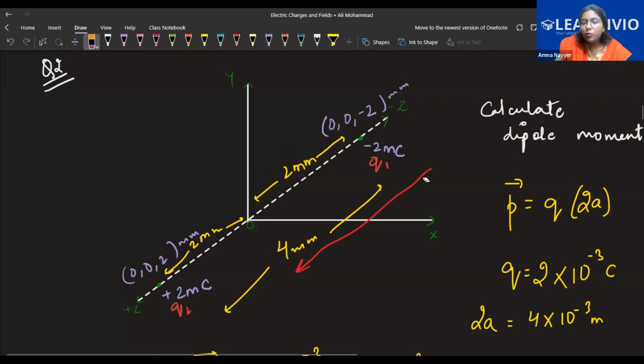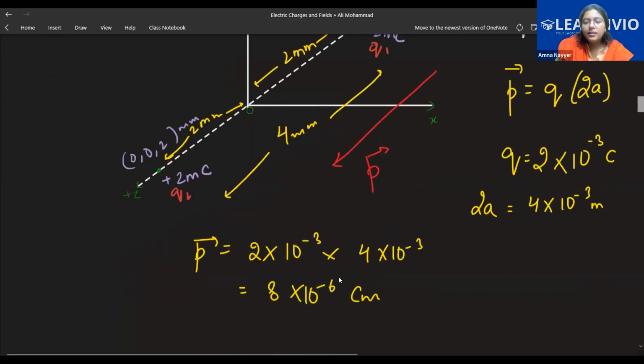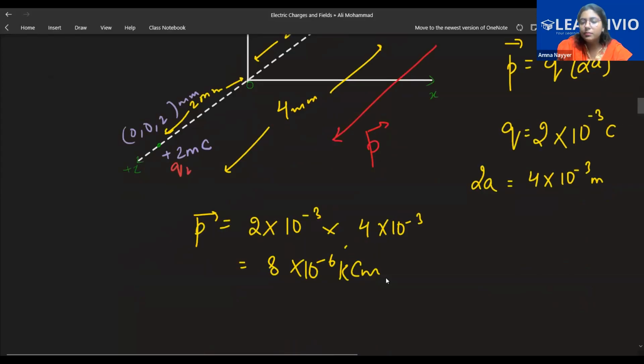Remember, dipole moment will be there in your chemistry also. And in chemistry, the dipole moment's direction is opposite. It is towards the electronegative element. But in physics, you have the direction from the negative element to the positive. So your final answer can be summed up as this much k cap coulomb meter.